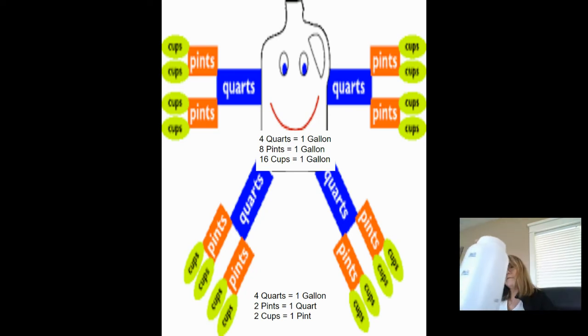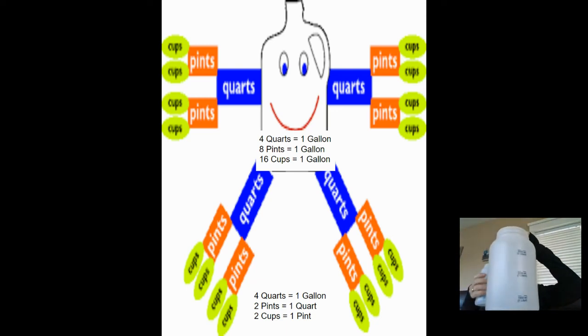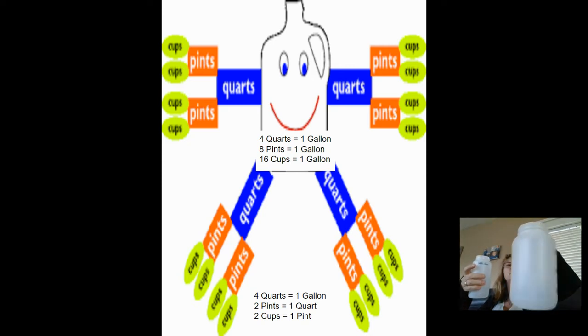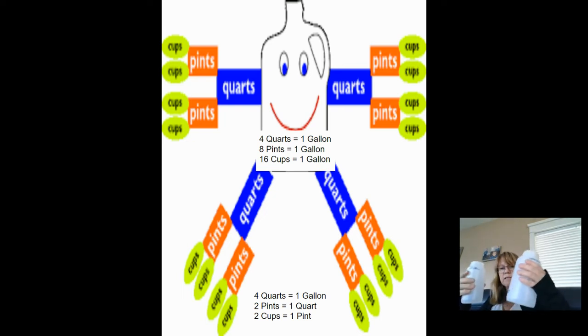All right, so in this big gallon container, I can fit 8 of these guys. And these guys are called a pint. Okay? So up to that blue line there is a pint. So 8 of them. And 2 pints fit into 1 quart.